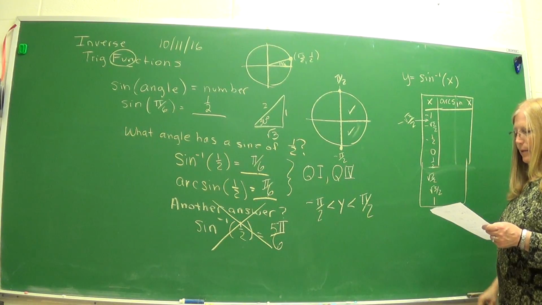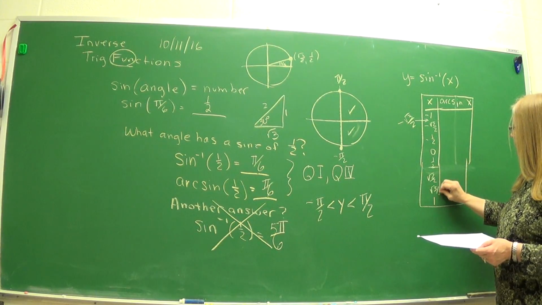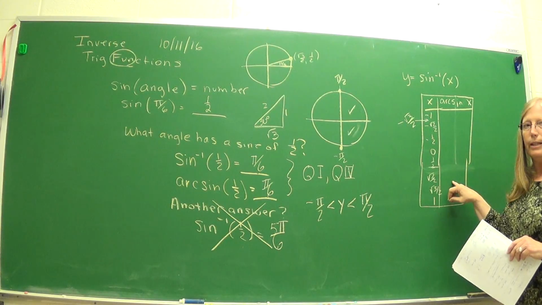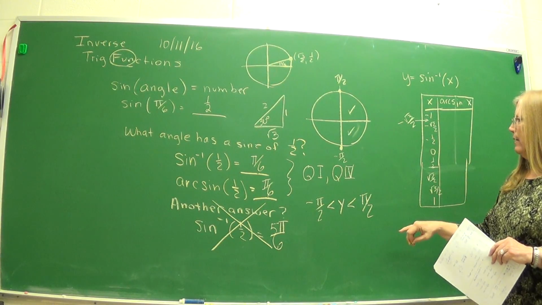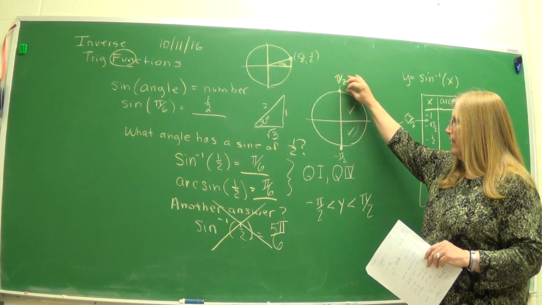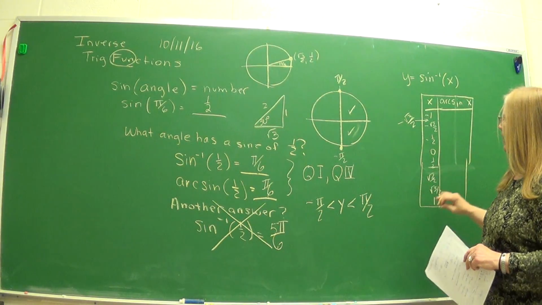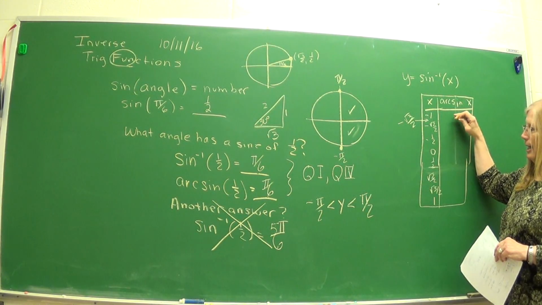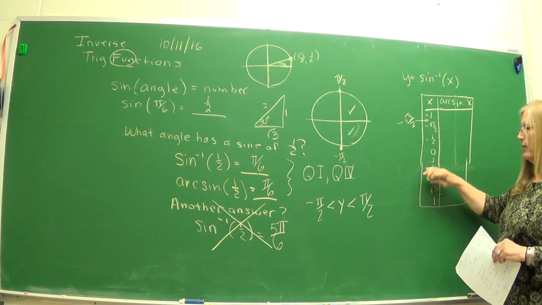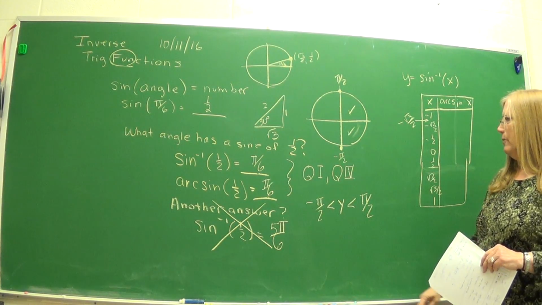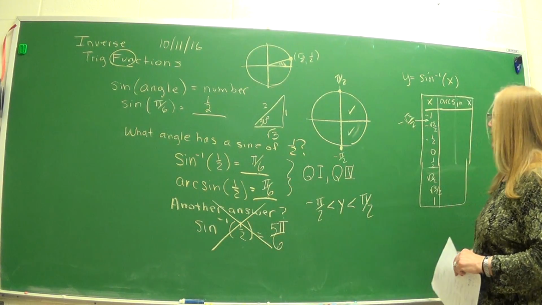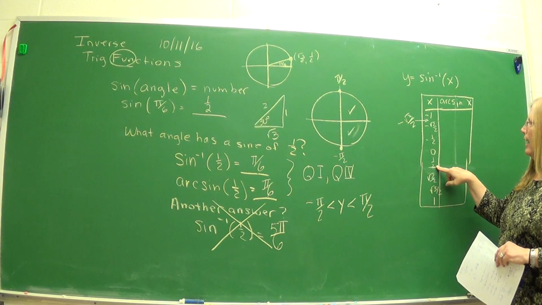So what you're going to do is look on your unit circle between the first and the fourth quadrants, here and here, and find the angles that have these as their sines. We already did one of them for you. What angle has the sine of 1/2?